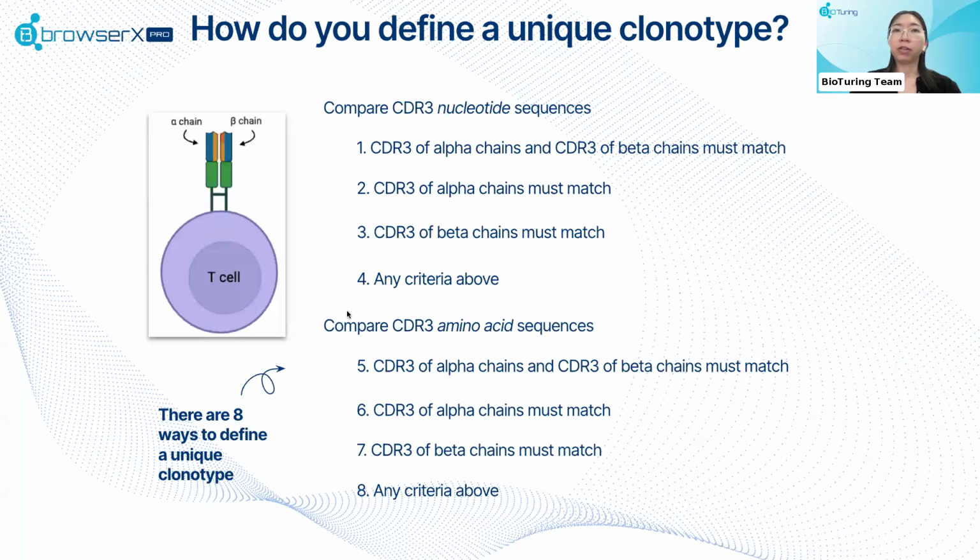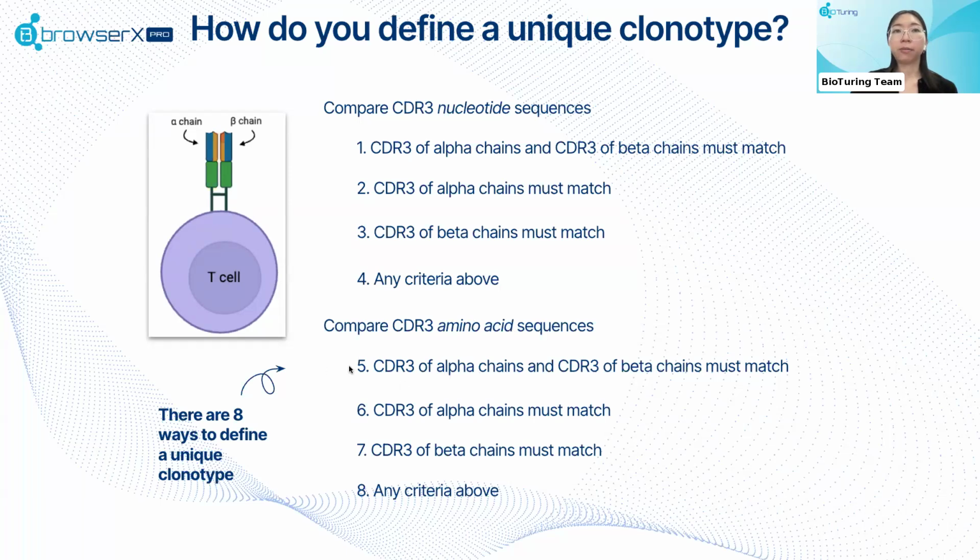So for example, if I were to choose to compare by the amino acid sequences, then I can further break that down into whether I want to compare the alpha and the beta chains across T cells, only the alpha chains across T cells, only the beta chains across T cells, or have any of the criteria above be met.